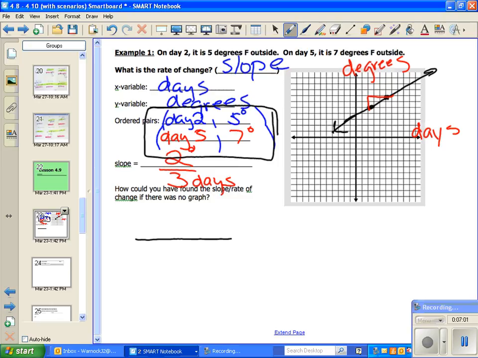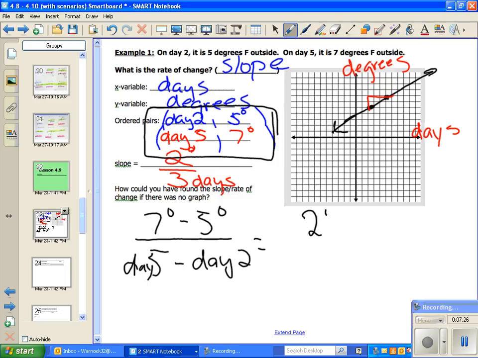To figure out the degrees, what 2 numbers would you have subtracted? Okay, good. 7 degrees minus 5 degrees, and in the denominator you would have subtracted? Good. Day 5 minus day 2. So doing that you would still get 2 degrees every 3 days, just subtracting the degrees and then subtracting the days.